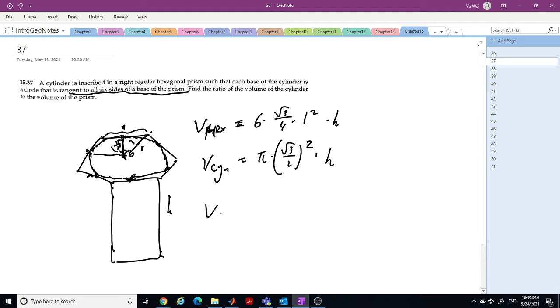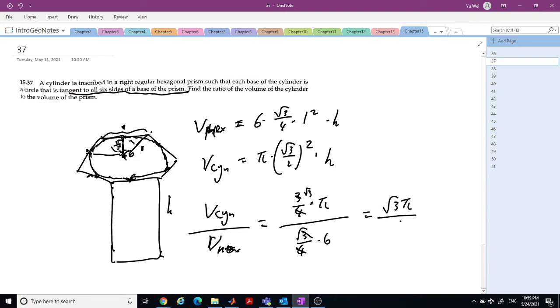So the ratio of the cylinder over the hexagon prism is equal to 3 pi over 4 divided by 6 root 3 over 4. So then we have root 3 pi over 6.